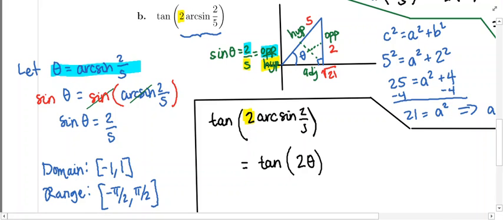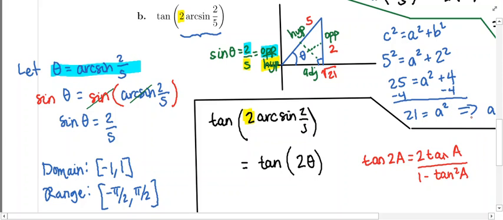Remember, there are 3 different ones for the half angle, but for double angle, there's just one. I'm going to write it in red out to the side. We are told that the tangent of 2a is equal to 2 tangent of a over 1 minus tangent squared of a. So that's the identity.